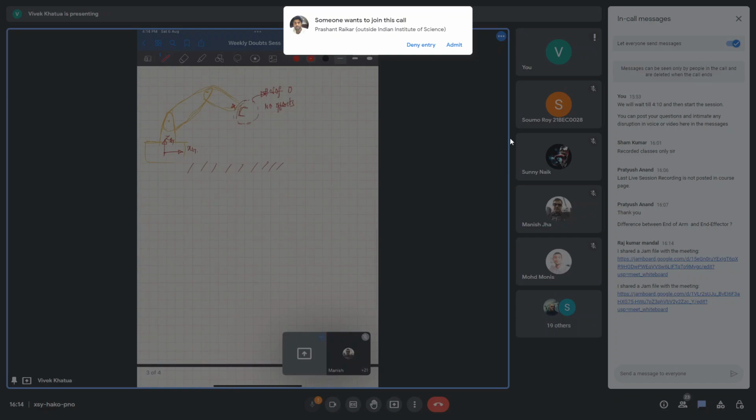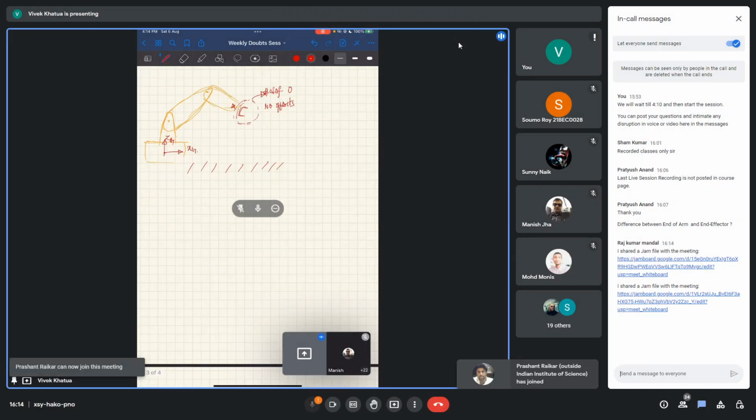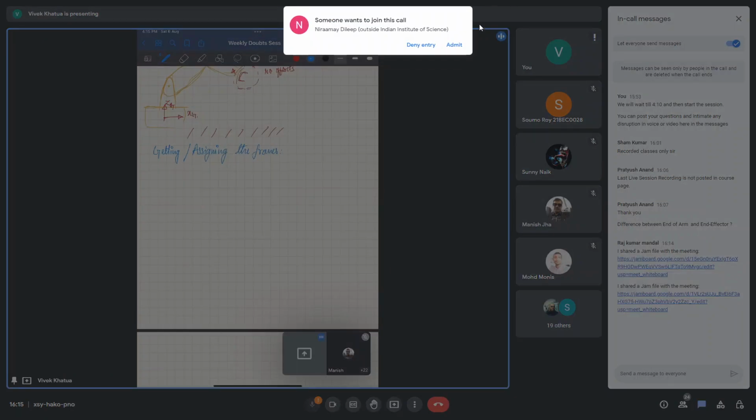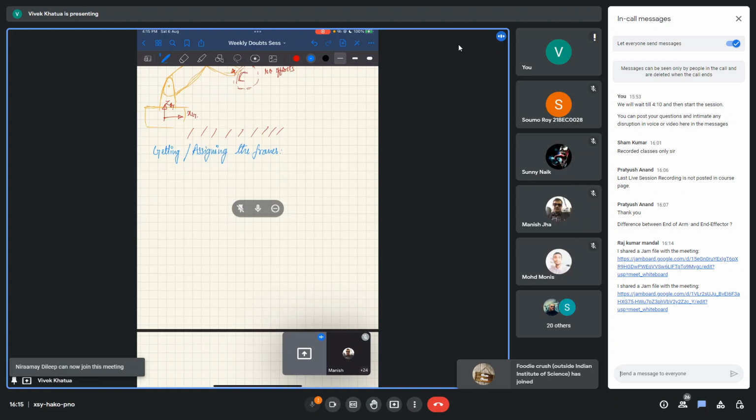Yeah. So what we are interested in is first getting the frames, right? For this, we would get to schematics.